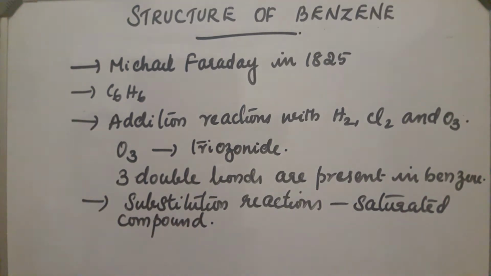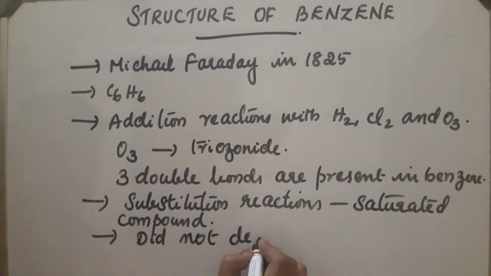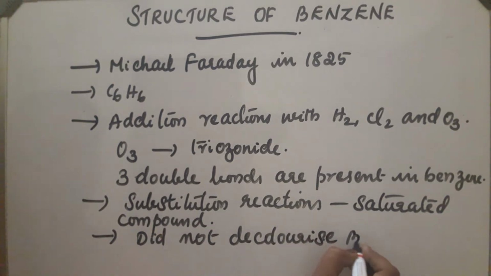But it could not decolorize bromine water in CCl4. This is an important test for unsaturation, and benzene did not decolorize bromine in CCl4.